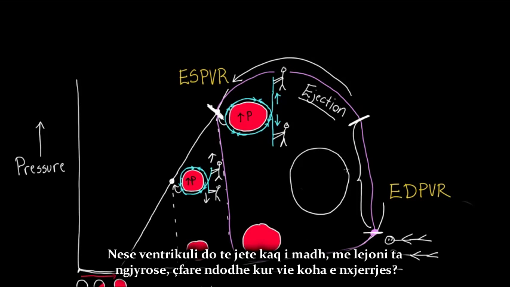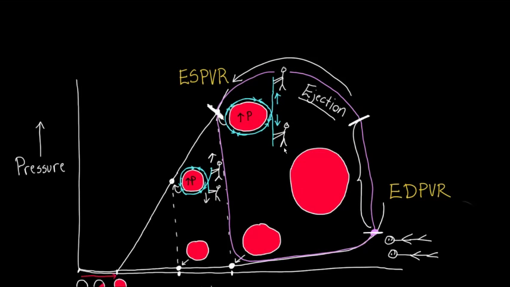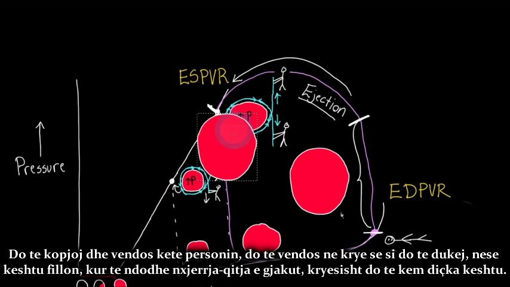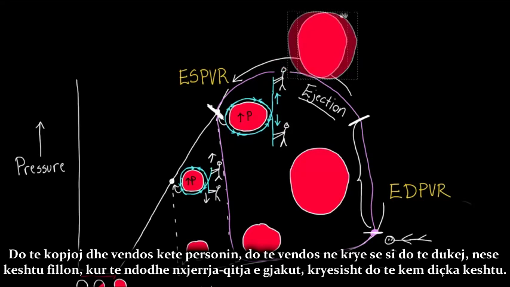And if my ventricle is that big, that large, let me color it in now. What's actually happening when I have ejection? Well, I'm going to cut and paste this little guy and show you on the top what it would look like. So let me drag this little fella over here.